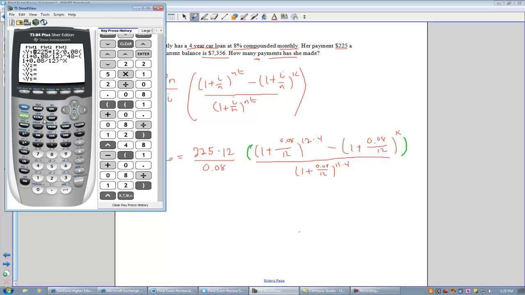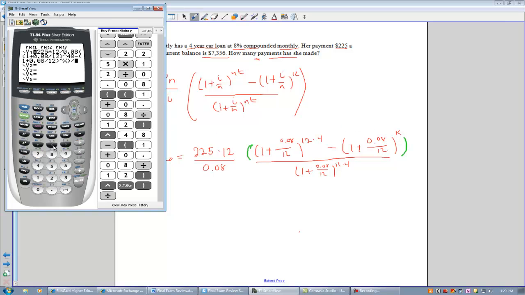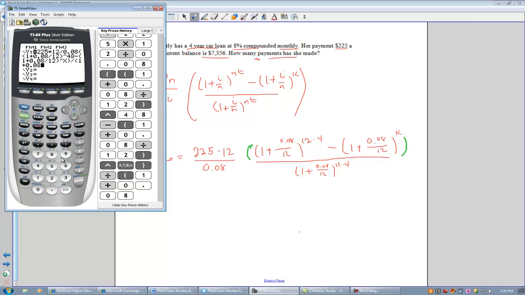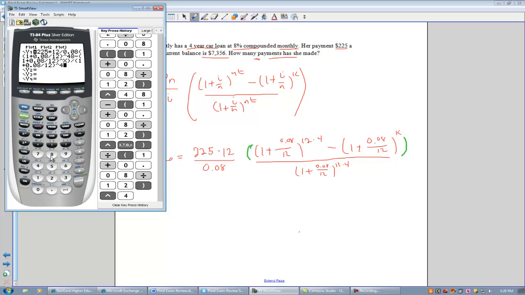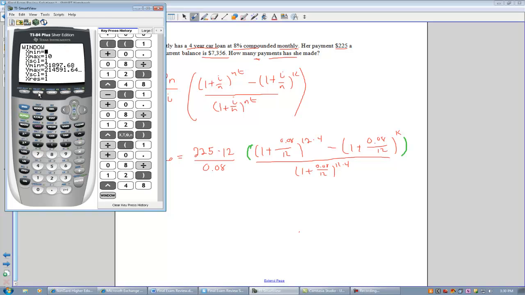So instead of k I write x, and then close the parentheses in green, and then divided by left parenthesis 1 plus 0.08 divided by 12 in parentheses raised to 48. I need to make my window, and I have to remember I'm looking for the number of payments. So I'll start with 0 for 0 payments, and I'm making monthly payments for 4 years.